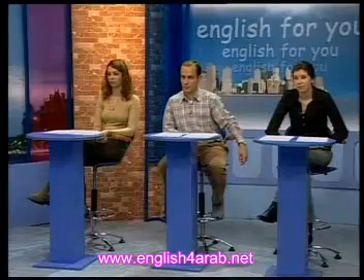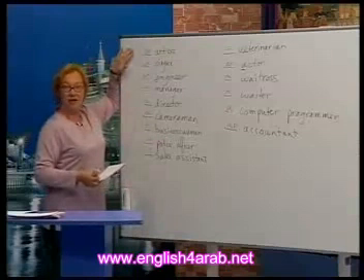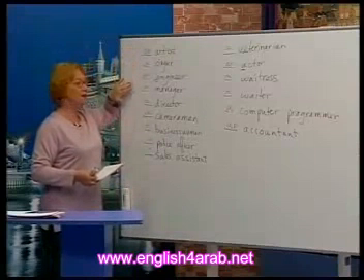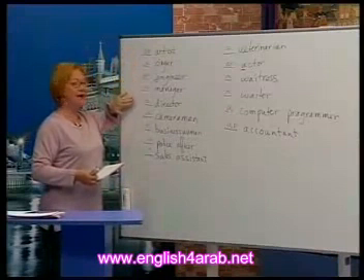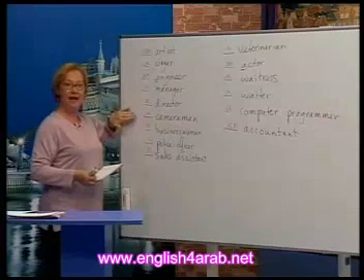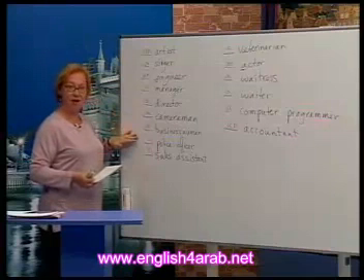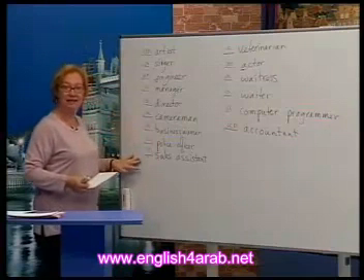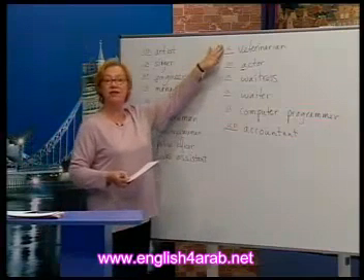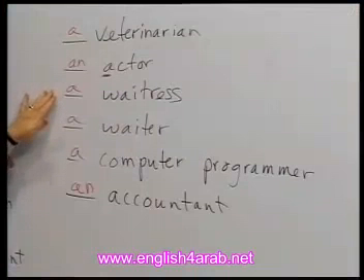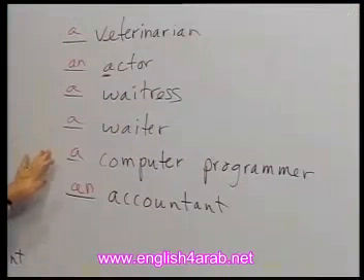All right, let's go over these again. An artist, a singer, an engineer, a manager, a director, a cameraman, a businesswoman, a police officer, a sales assistant, a veterinarian, an actor, a waitress, a waiter, a computer programmer, and an accountant.